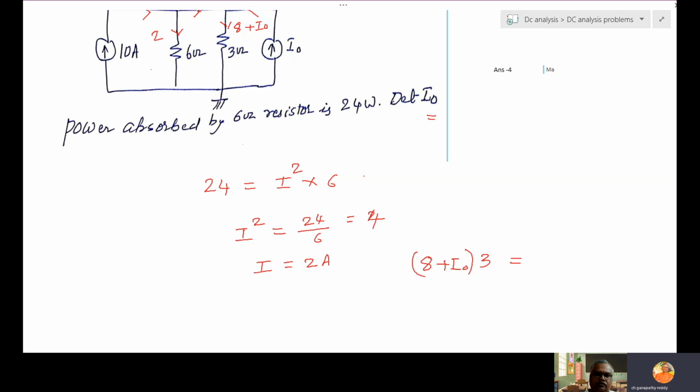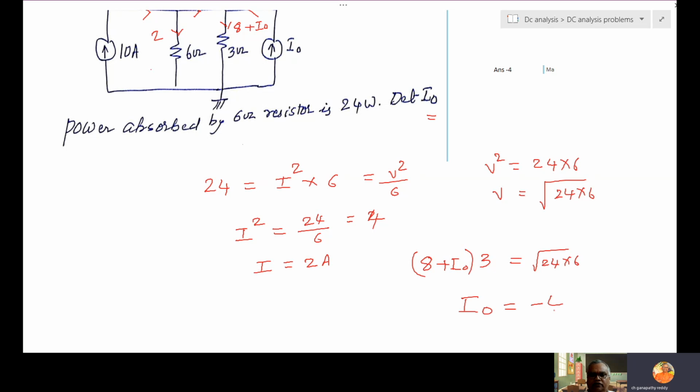But this voltage is also equal to V square by R. If I use V square by R, what is V? From this, V square equals 24 into 6, so V is equal to root of 24 into 6. This you substitute here. Solve for I naught.